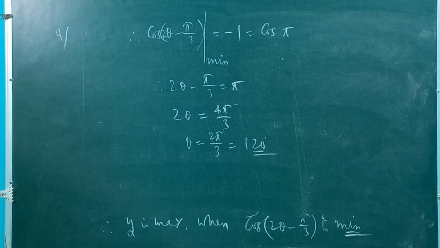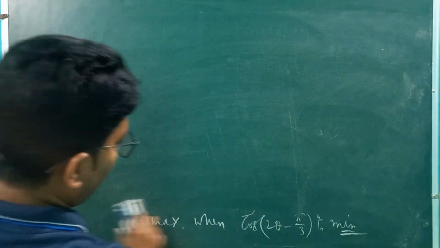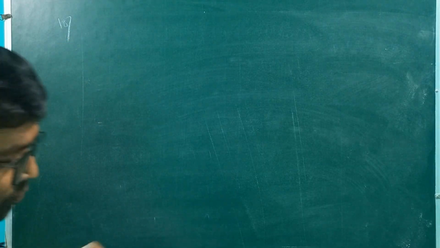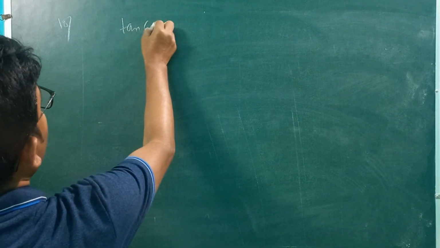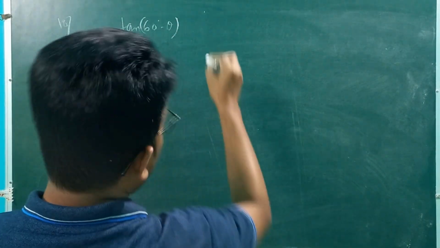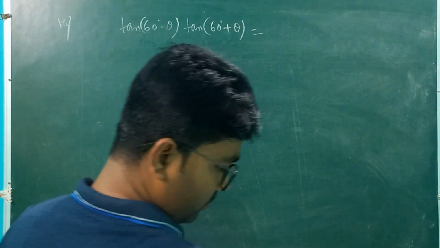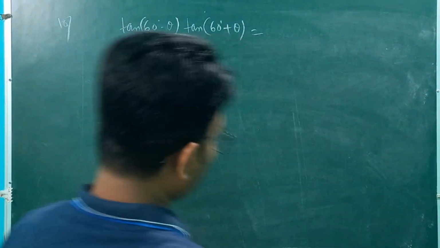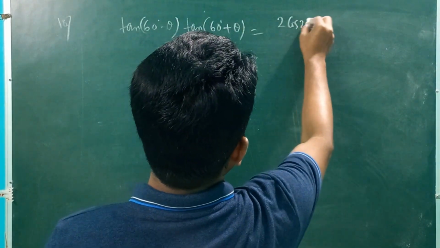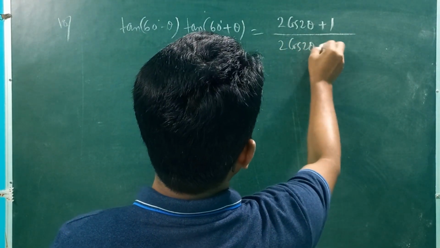Now, what is our last problem for today's video? Number 10. We have to prove tan of 60 degree minus theta times tan of 60 degree plus theta equals 2 cos 2 theta plus 1 by 2 cos 2 theta minus 1.